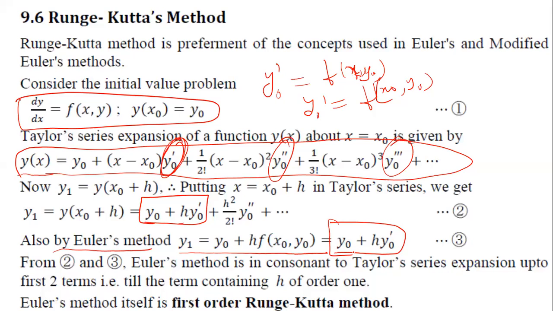Even though this Euler formula is not very accurate at all, it is the simplified form of your Taylor series expansion when you are taking up to the second term. Instead of considering all other terms, we simply use up to the second term. So this Euler method itself is also considered as the first order Runge-Kutta method.